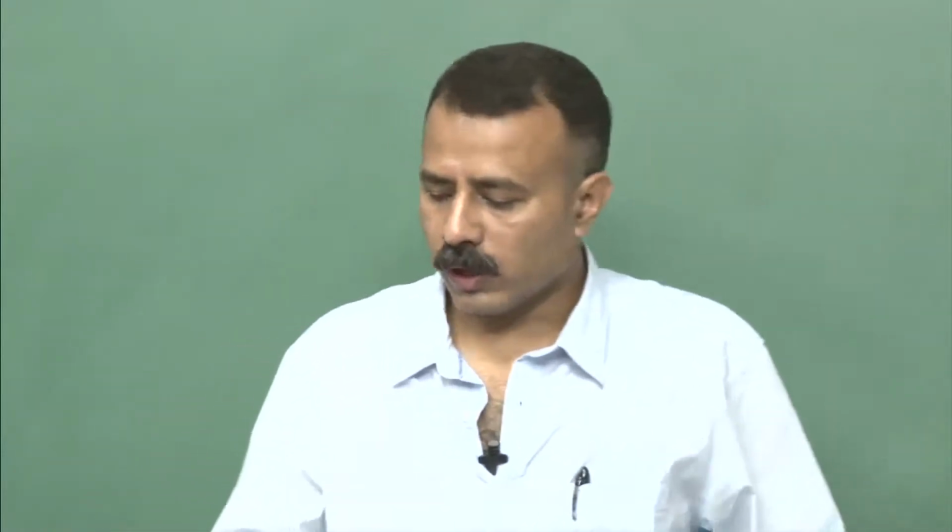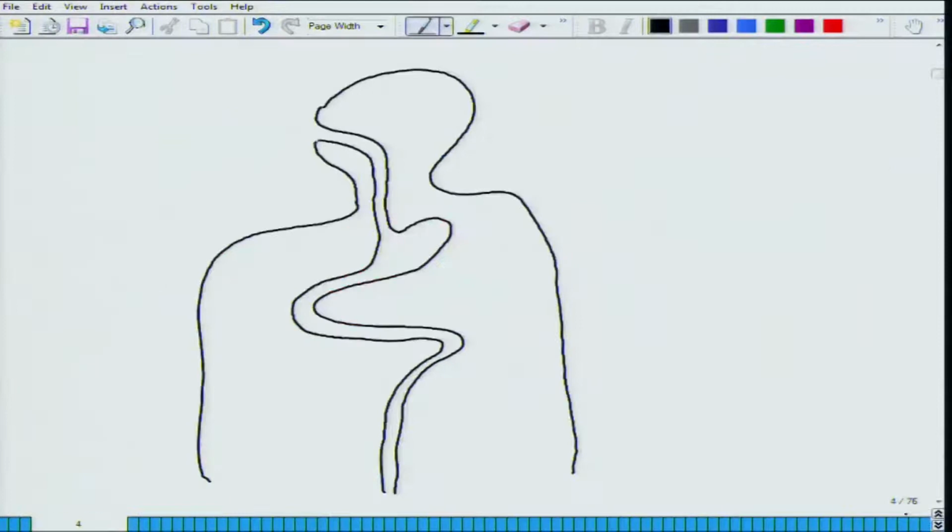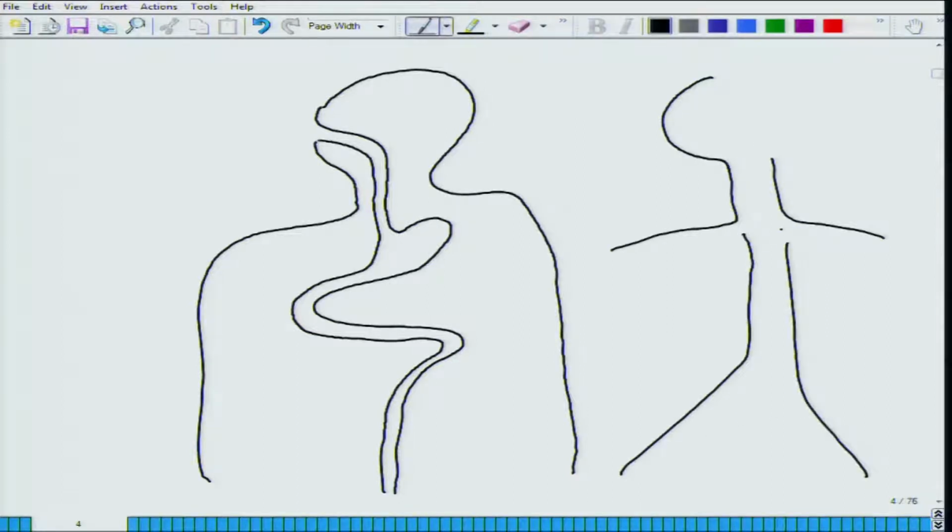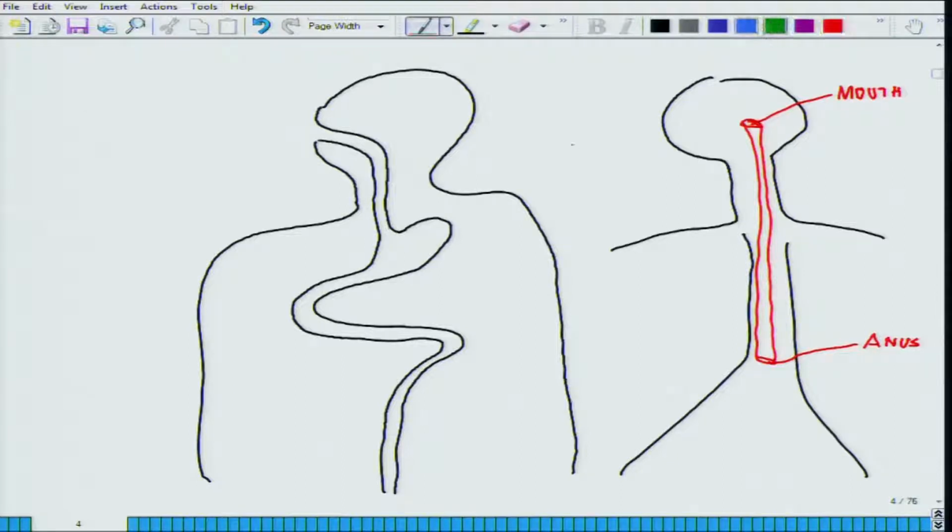So, if I had to give you another analogy, it is something like this. If this is a cartoon of a human being, basically what is happening is that here is a channel which is moving like this. If this is the mouth and this is the anus, along this conduit tube you take in any amount of food.